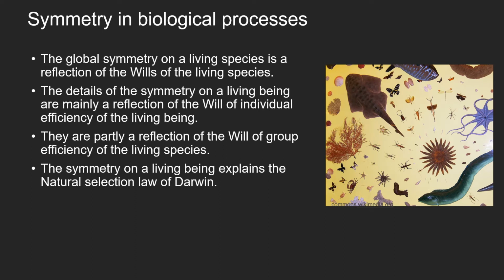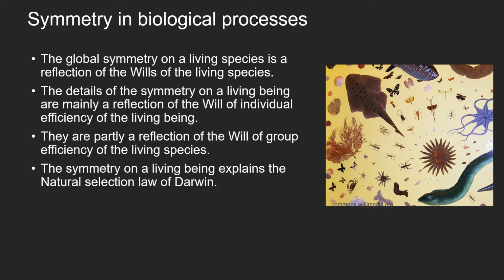They are different for different living species. The global symmetry on a living species is a reflection of the will of the living species. The second level contains details of the symmetry.